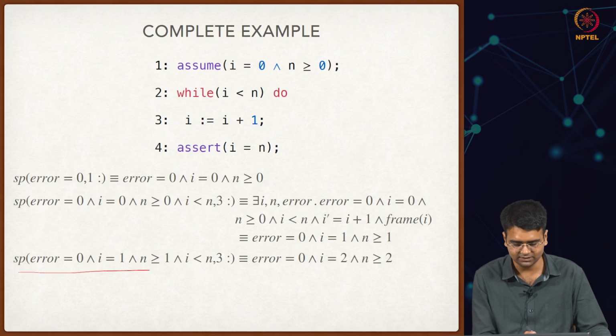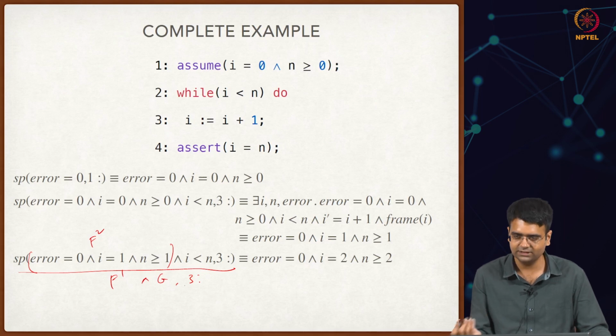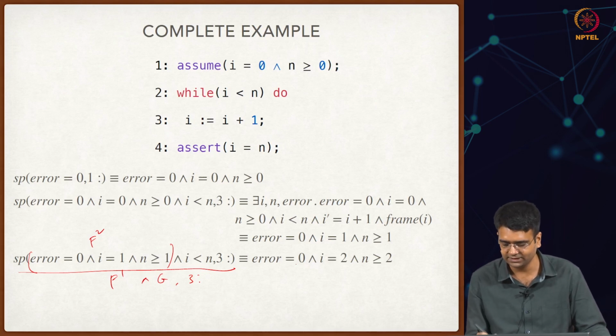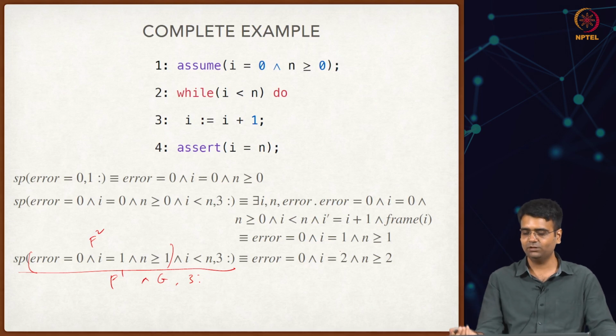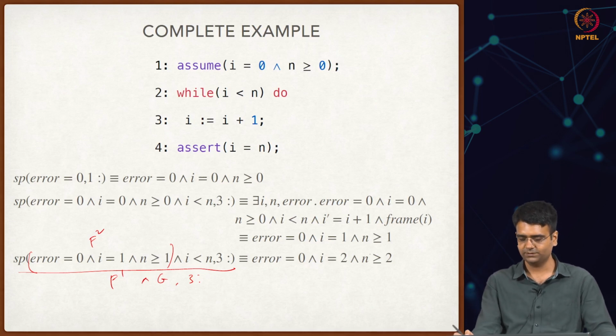So this is F2, rather. This part is F1, so F1 and G comma C, which is the statement 3. If you do this calculation, you will end up with this state which is error equal to 0 and I is equal to 2 and n is greater than or equal to 2, right.